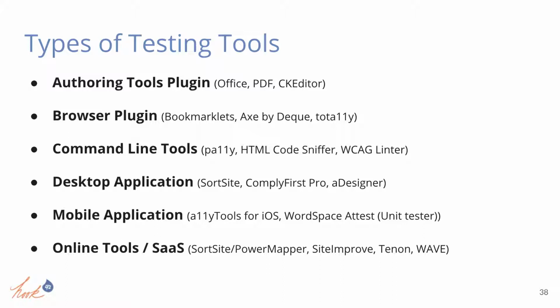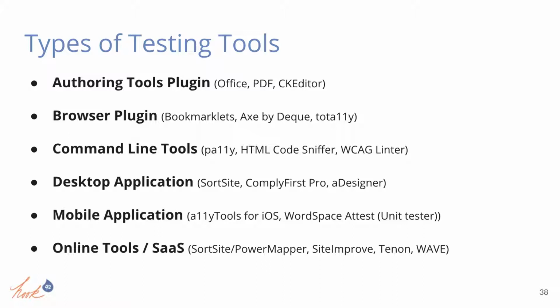Who uses browser plugins here for accessibility? Okay, we've got like a few folks. There are command line tools. Who uses any command line tools in here? Okay, a couple, 2 or 3. These are developer level type of things. These are also things that you can wrap into your CI automated testing system.